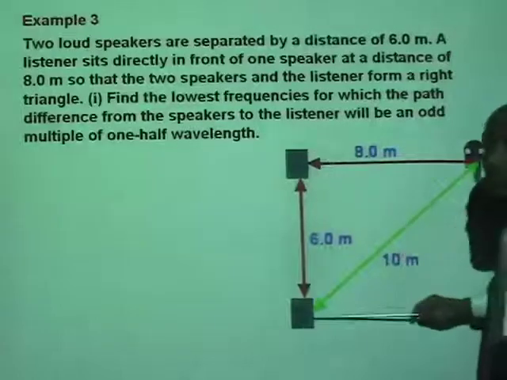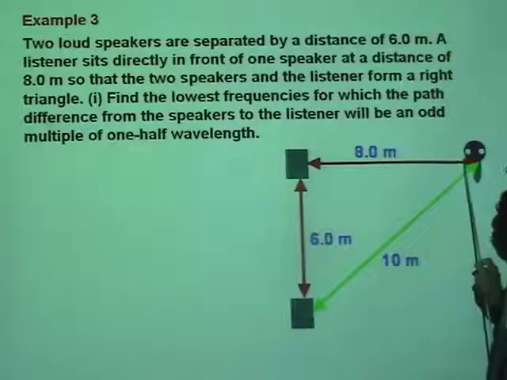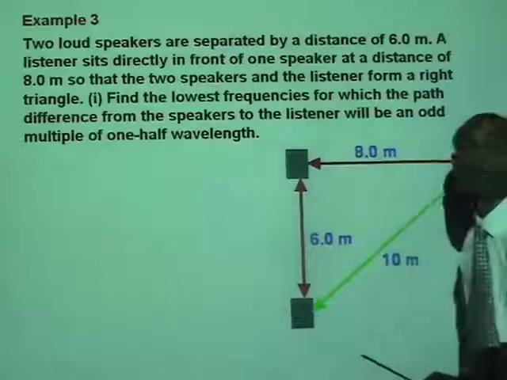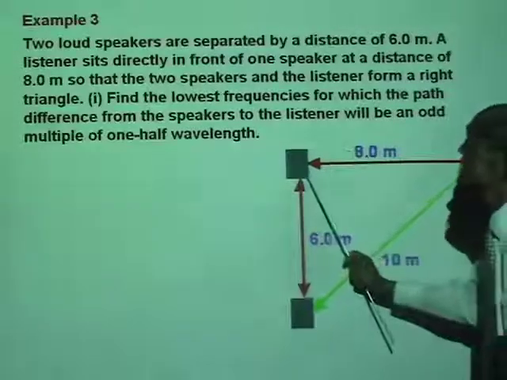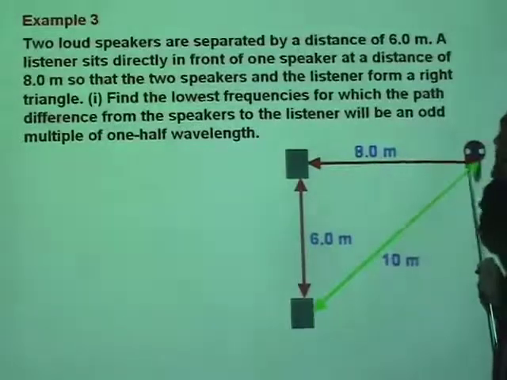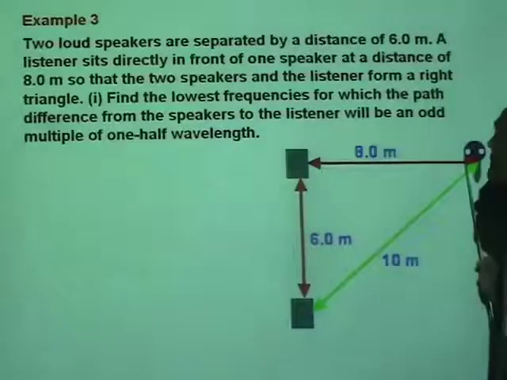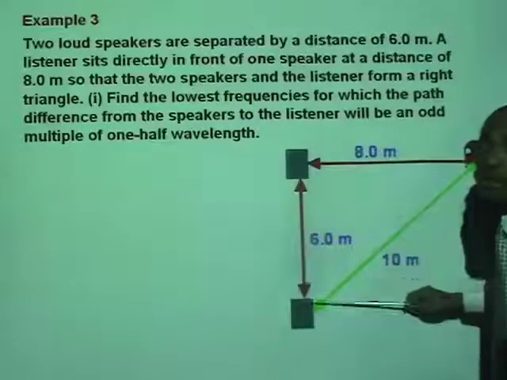Two loudspeakers, these are the two loudspeakers, and here is the listener listening to the two sounds coming from the speakers. Now the listener is 8 meters from one speaker, that is, this is 8 meters, and the two speakers are 6 meters apart.